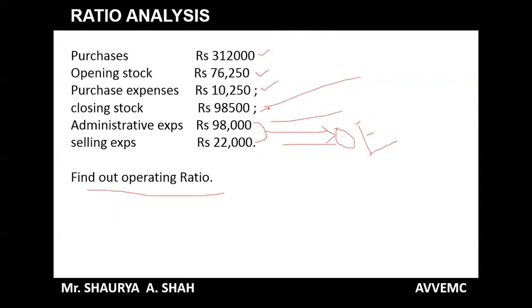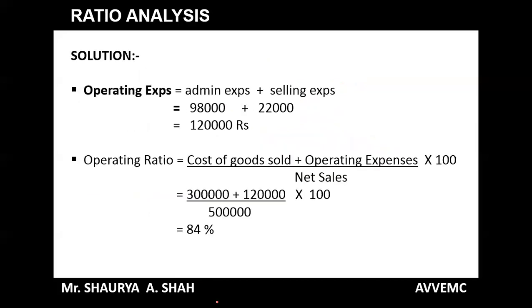Fine. So we'll settle this in our formula. Operating ratio equals cost of goods sold plus operating expenses divided by your net sales. Is it clear, everyone? Fine. So what you will do now is calculate. Please check your answer if you have got it or not.